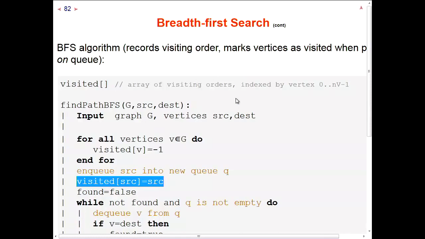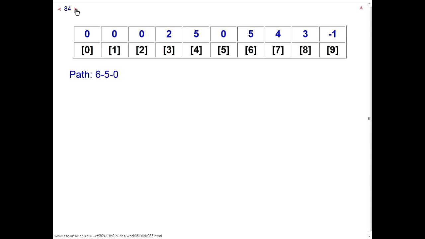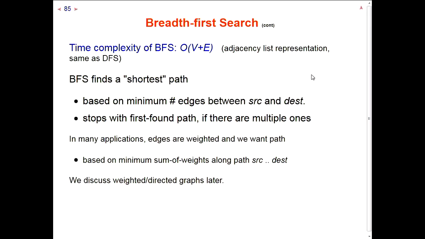And this, as I said, this one exercise allows you to exercise your understanding of how the stack and the queue evolves when you do depth first and breadth first search. So that we just did. This is the results, and indeed the only node that we never visited was 9. The path that we in the end computed was 0, 5, 6.